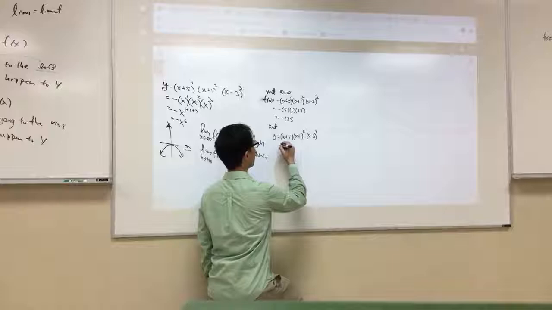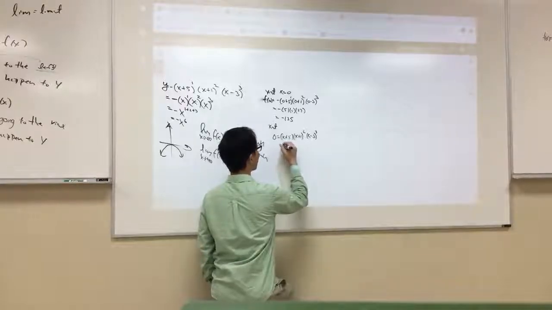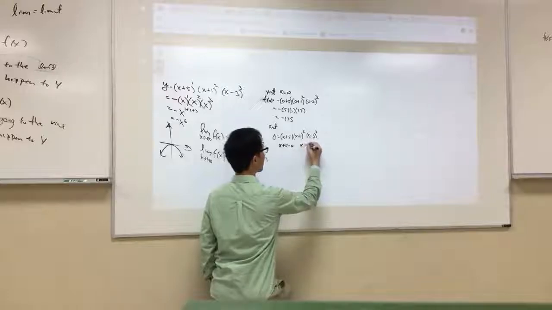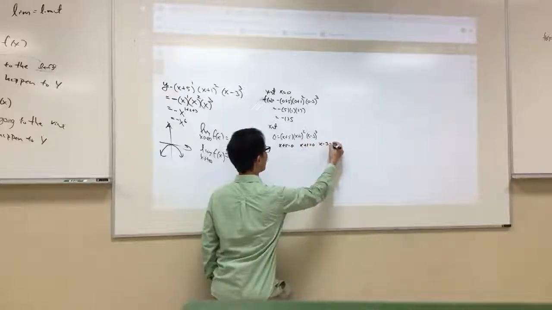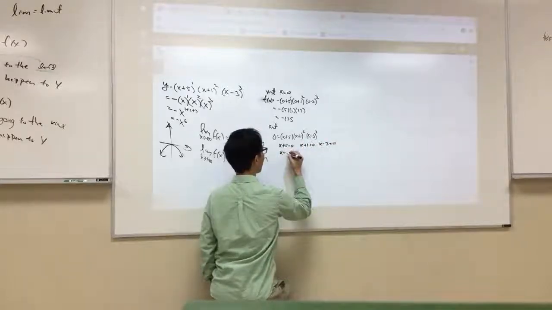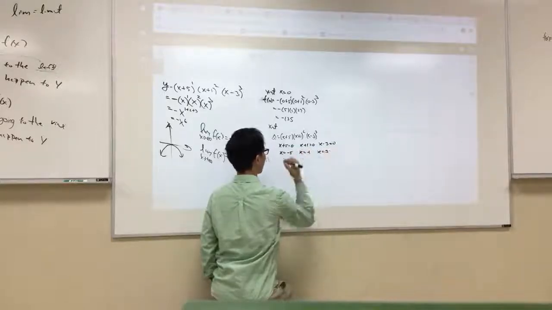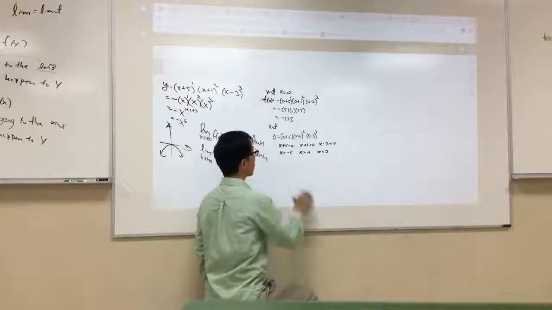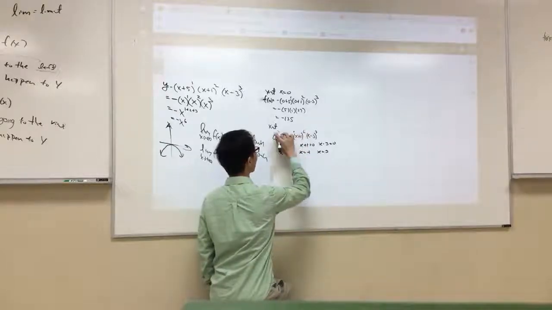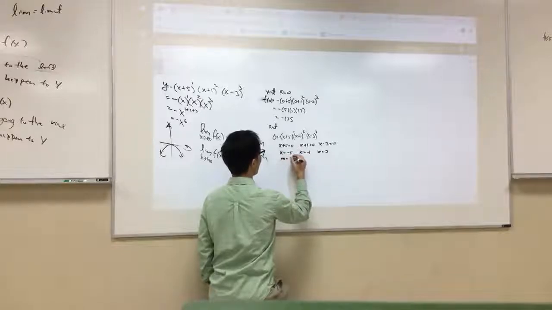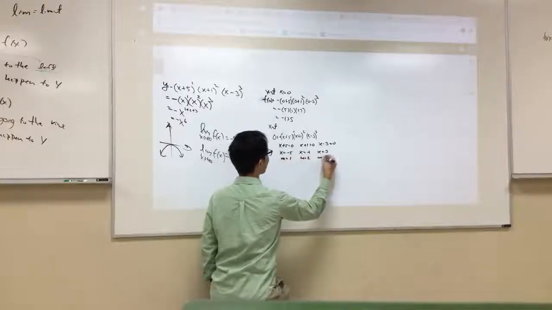So what do you think is here? x plus 5 is equal to 0, x plus 1 is equal to 0, x minus 3 is equal to 0. x equals what? Negative 5, negative 1, positive 3. Are we okay? What's the multiplicity? 1, 2, and 3. So m is equal to 1, m is equal to 2, m is equal to 3.